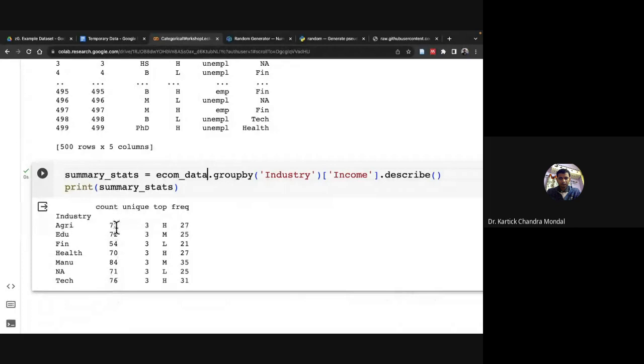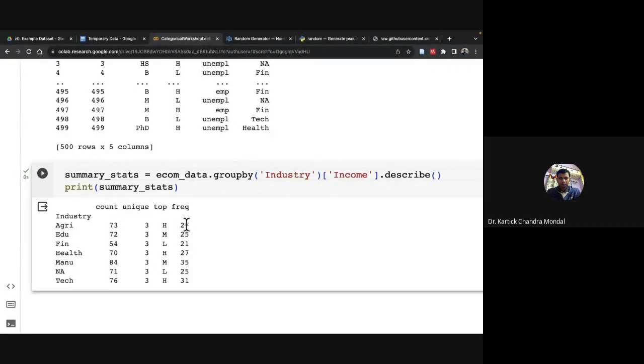You can see 73 rows having agriculture as an industry, 72 rows having education, 54 rows having finance, like this. In case of agriculture, out of 73, 27 have high income.